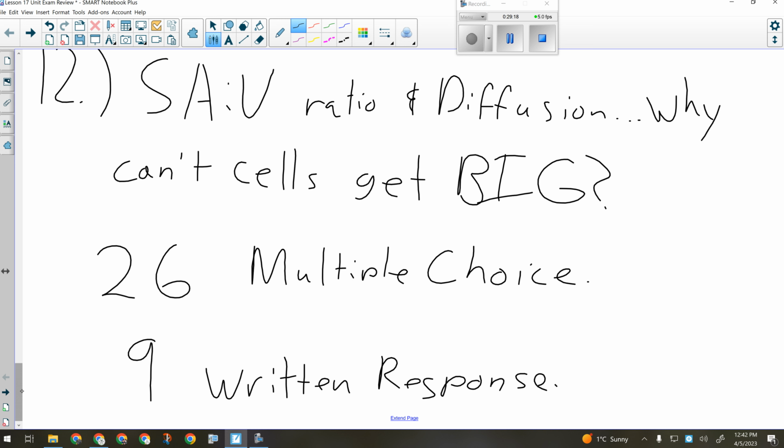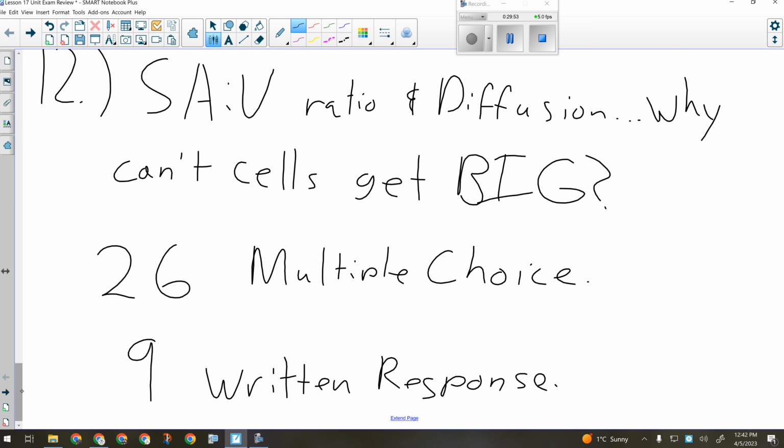Then plant transport, plant structure, plant growth and development, compartmentalization, and important people. There are 2 questions about people. The difference between prokaryotes and eukaryotes. Cell structure and function.